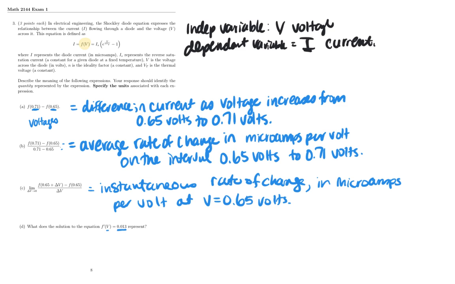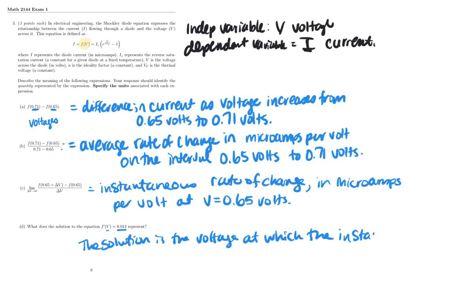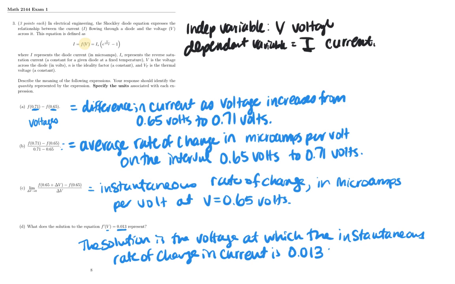So the solution is the voltage at which the instantaneous rate of change in current is 0.013 microamps per volt.